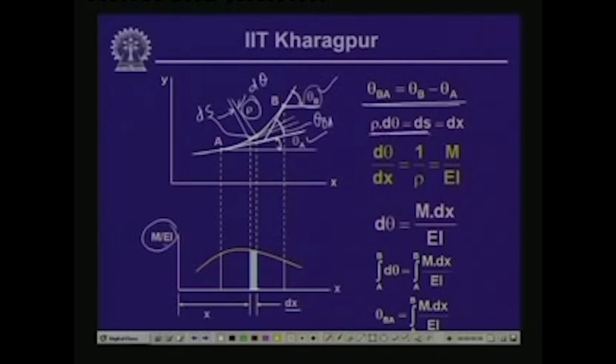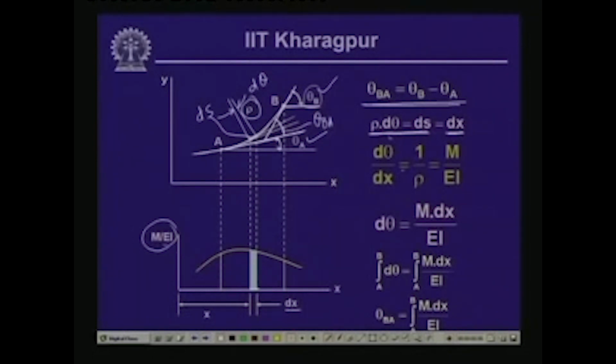Now, since this deformation is small and the slope is small, we assume that dx is equal to ds. So, in place of ds we write dx. So, rho d theta is equal to dx, or d theta by dx is equal to 1 by rho.